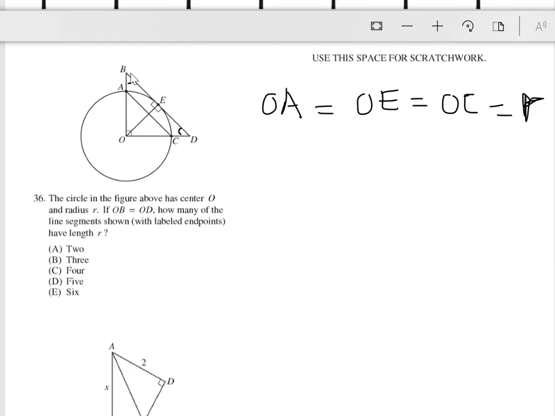So notice that triangle BOD is a right isosceles triangle. Why?